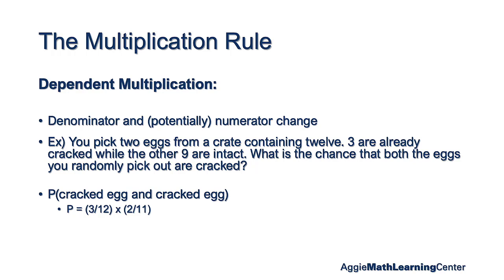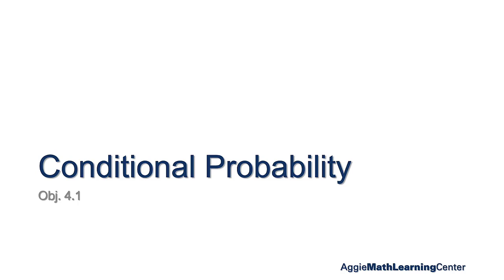So, why did the numbers change between event 1 and event 2? We are picking from the total number of eggs, therefore taking 1 away from our denominator. Our numerator likewise changes in this case to reflect the fact that we are taking from the total number of broken eggs.